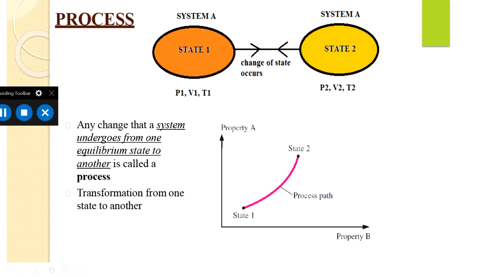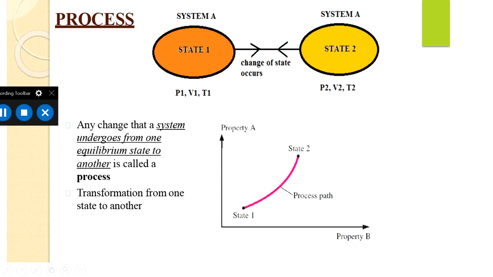So next one is an important one, which is known as process. So what is a process? We already say that there is a state, and states are represented by their properties. Consider there is a state 1 which has properties pressure P1, volume V1 and temperature T1.